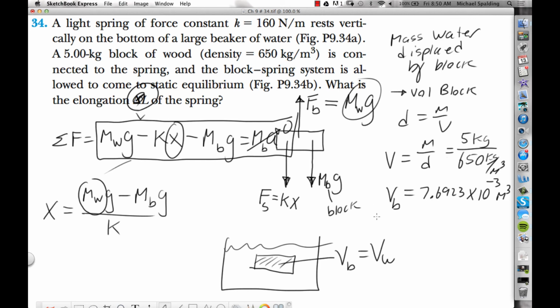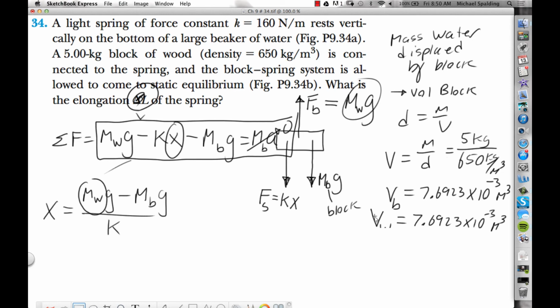So what's the volume of the water? How much water gets displaced? The same exact thing, because it's fully submerged. Okay? So now that we have the volume of the water, we can find the mass of the water.